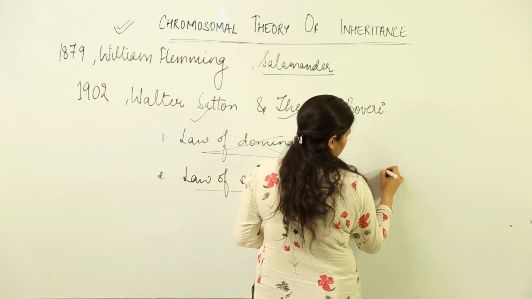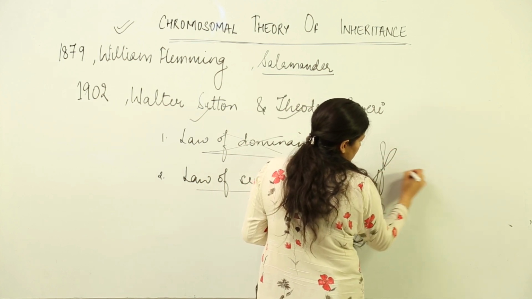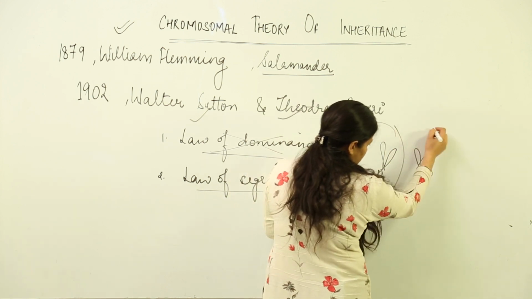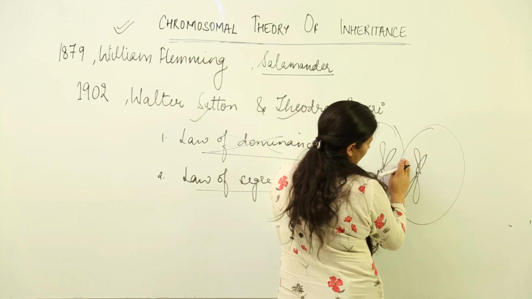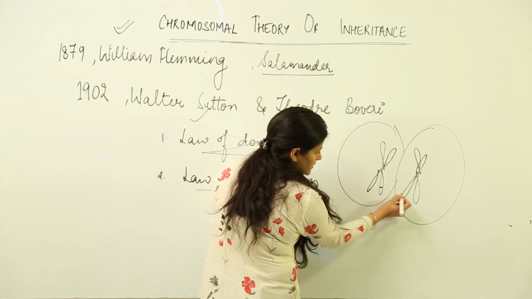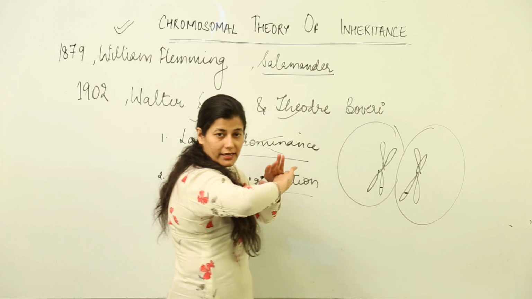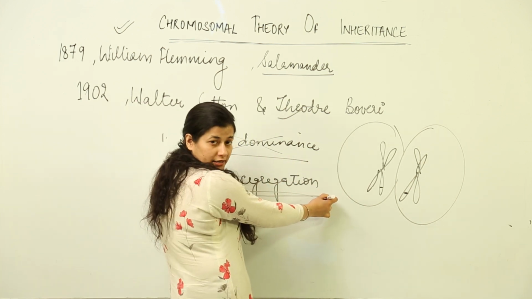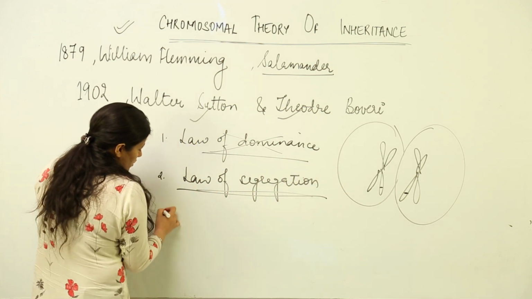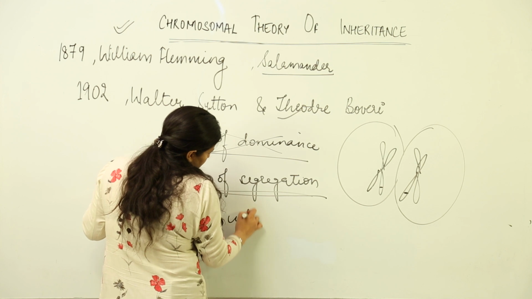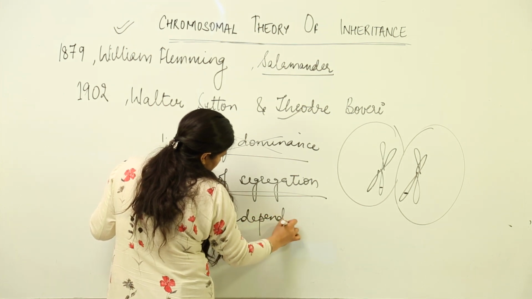We see in the homologous pair of chromosomes, the homologous pair gets separated. One daughter cell is getting one of the pair and the other one is getting other of the pair. So supposedly the allele is located over here. The allele is getting segregated. That means law of segregation. Apart from this, we also see that there is law of independent assortment.